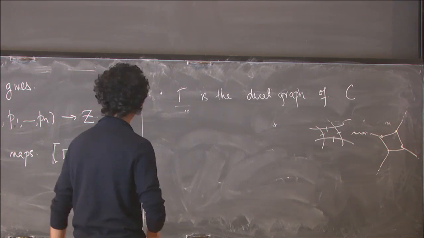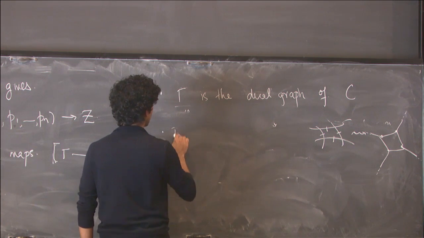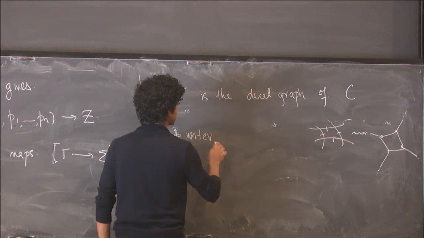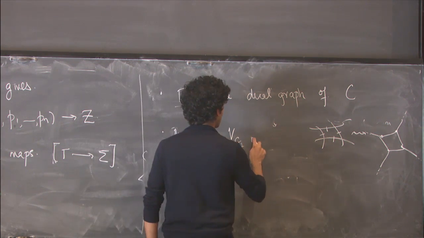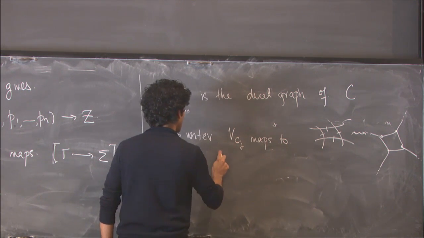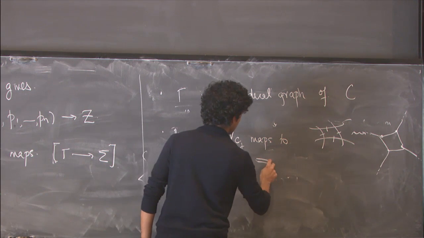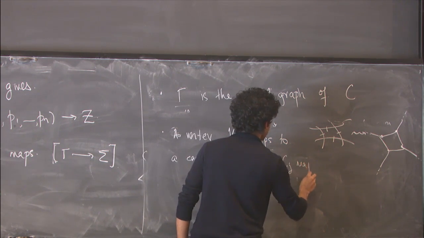Okay. And then there's a compatibility on the strata. The vertices are in bijection with components of my curve. So a vertex maps to a cone sigma in the fan if and only if the component Cj maps to the corresponding stratum.